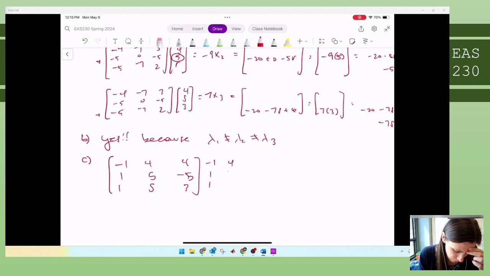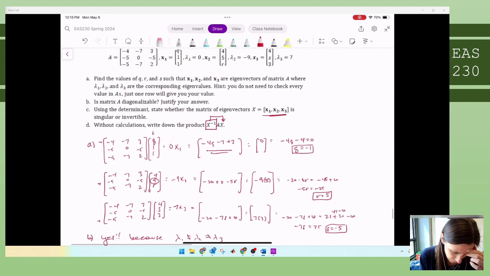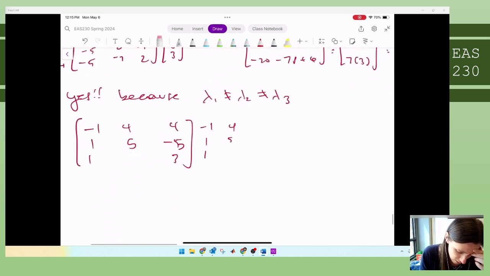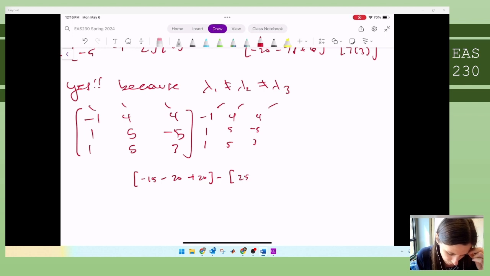Numbers are small enough. What the heck, is that a 5? What did I write down? Yeah, that's a 5. Looks like an S. S is a terrible variable. 5, 4, negative 5, 3. Okay, so these diagonals, I get negative 15 minus 20 plus 20 minus these diagonals, 25 plus 12 plus 20.